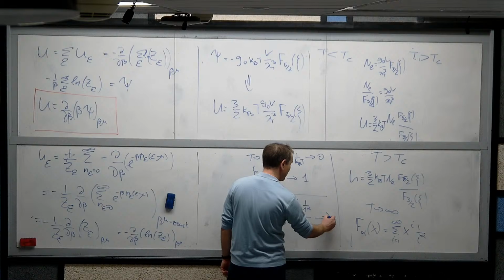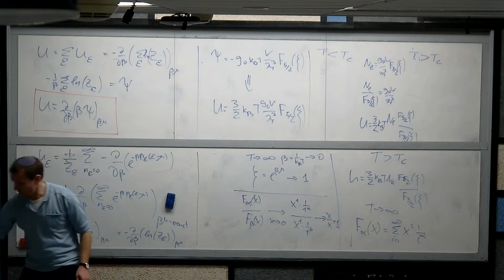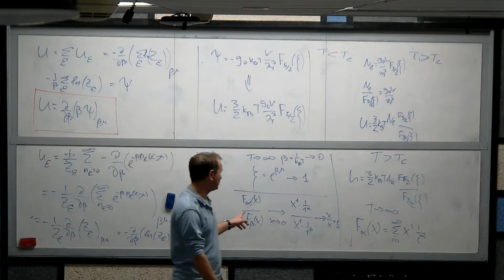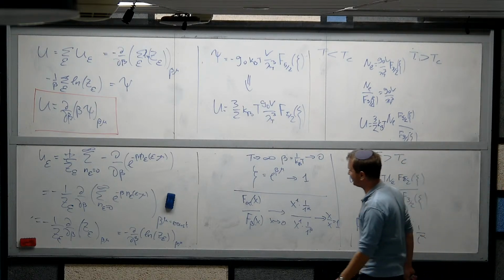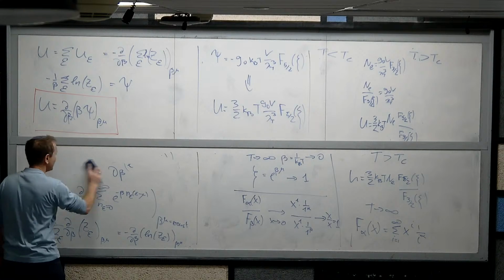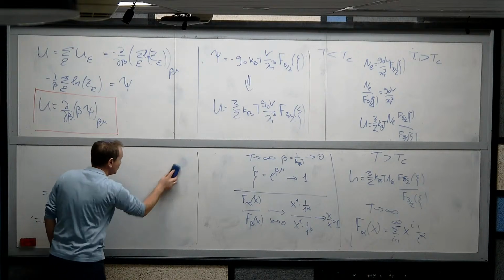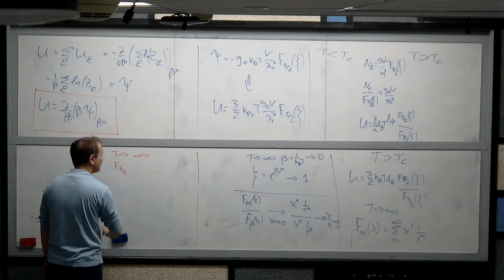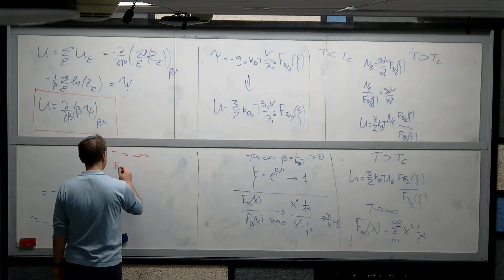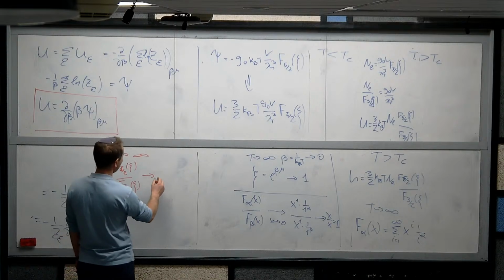And this goes to X divided by X, and it equals 1. I don't understand how it's related to the fugacity, I will find out later, but when T goes to infinity, the claim is that the polylogarithmic functions, the ratio of F 5/2 of the fugacity divided by F 3/2 of the fugacity, goes to 1.